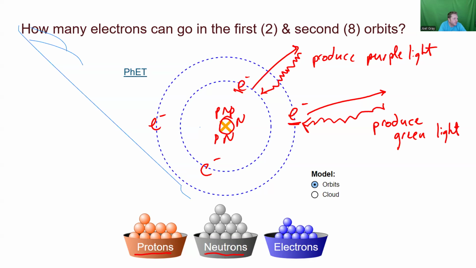So then if we've got an electron way out here, and that gets shot up to a high level and settles back down, do you think that's going to produce a different pigment, or is it going to produce purple or green? Go ahead and give me a thumbs up if you think it's going to produce a different color. If you think it's going to produce something purple or green, give it a thumbs down.